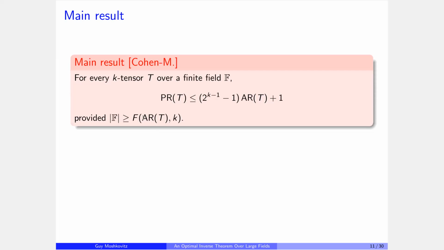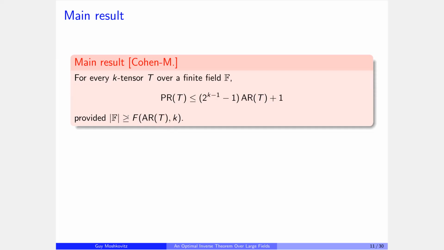But if you have control over the analytic rank, then you also have control over how large the field has to be. If the analytic rank is somehow bounded in your application, then so is the size of the field that you need to work on.